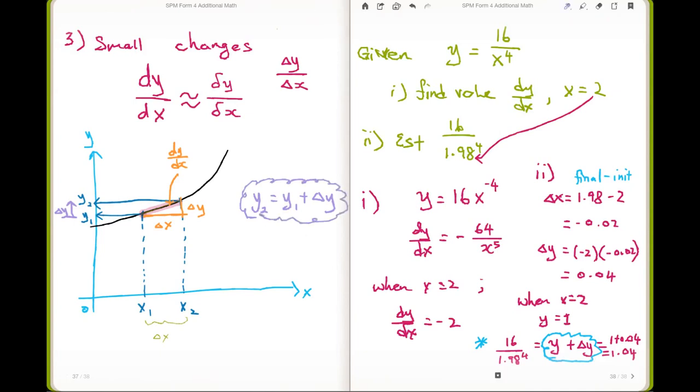Bring it over here. That's why I need to do that. So that's why I need the small change of x, so that I can sum it with my original value of y.